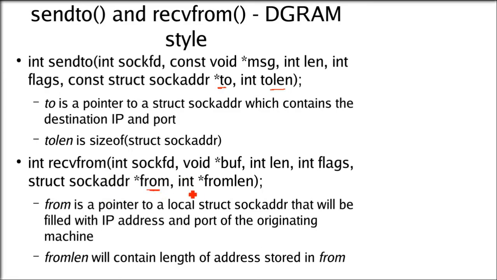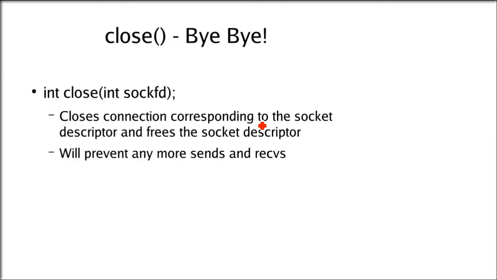In recvfrom, this from is a pointer to a local struct, which is the sockaddr that will be filled with the IP address and port of the originating machine. Please remember, originating machine: receive from which originating machine. And this fromlen is again the length. It contains the length of the address stored in from.